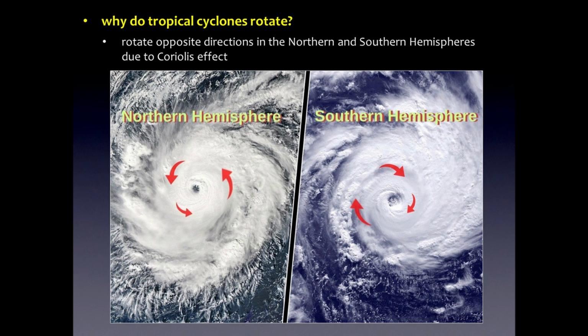And we've talked about this already when we talked about anticyclonic and cyclonic flow. It has to do with how air moves from areas of high pressure into low pressure, and how that air is deflected by the Coriolis effect.